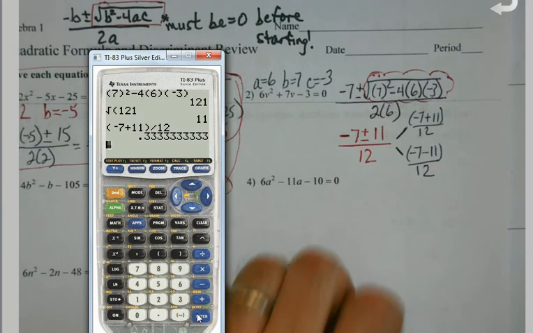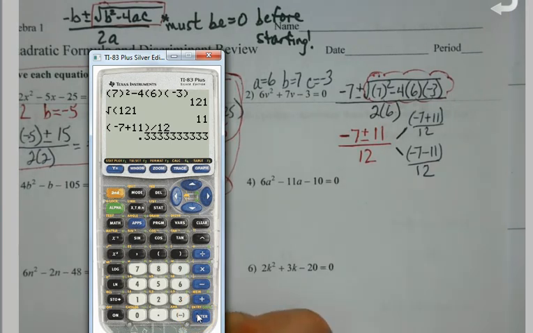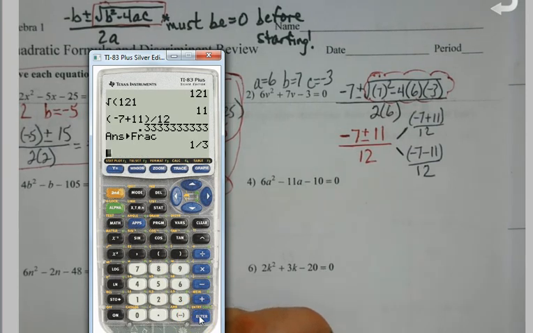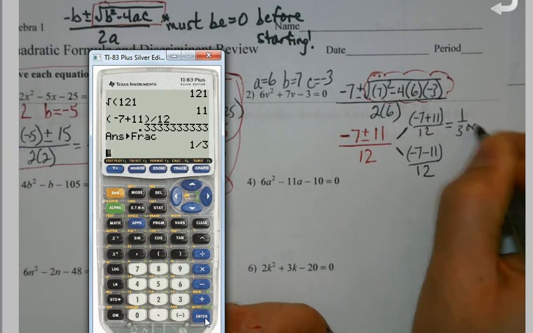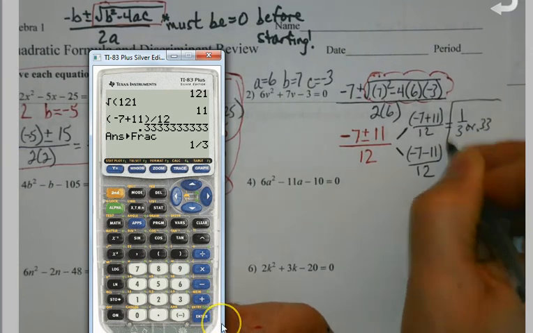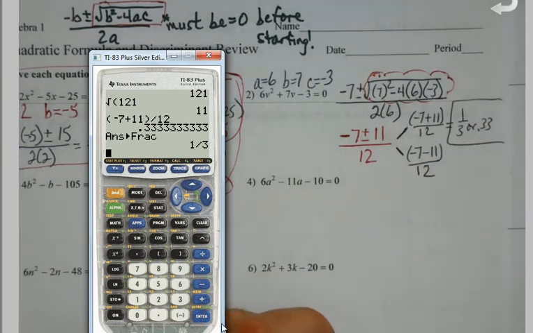You're like, Hardy, that looks like a funky enough answer already. If you want to put 0.33, you can. If you want to go math, enter, and use the 1/3, you could do that too. I am perfectly content with either. And then I just do the same thing one last time for my other one.